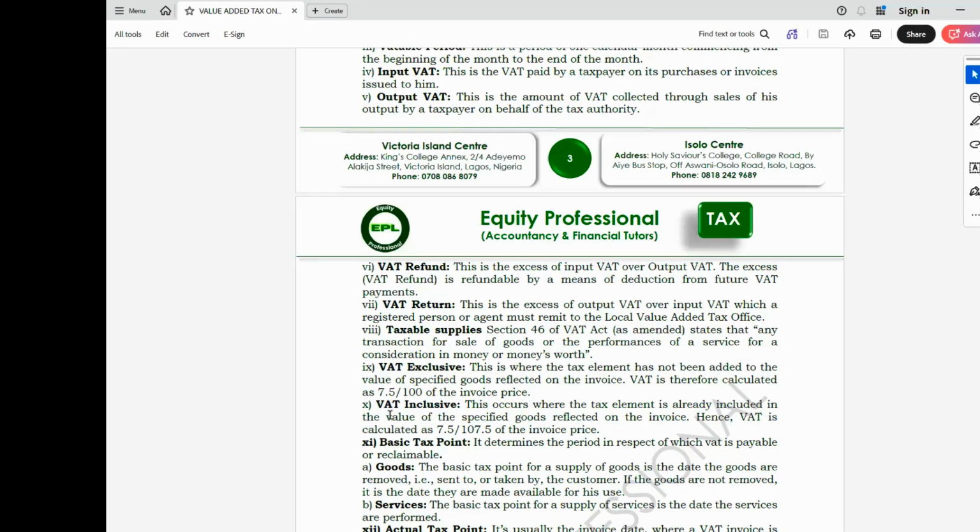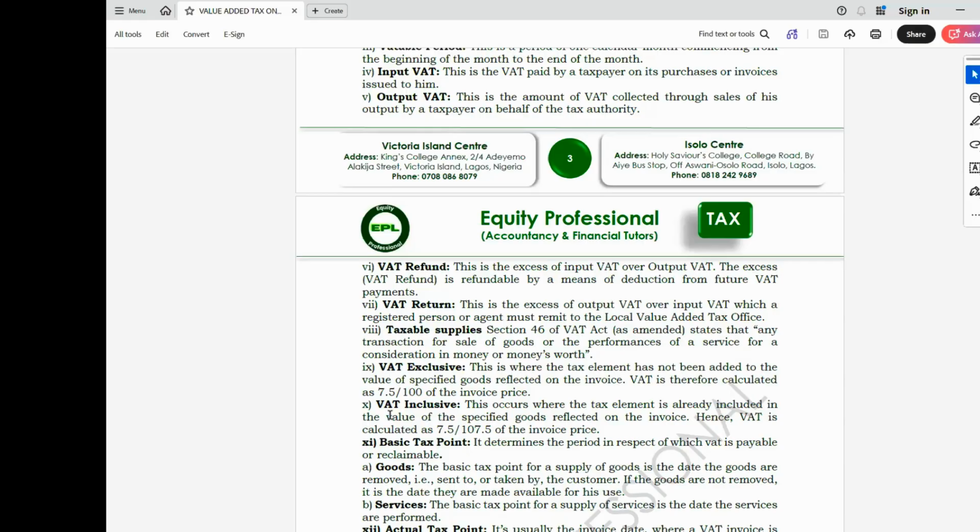So when an item is VAT inclusive, that item is at the rate of 100% plus 7.5, which gives us 107.5. So to get the amount of the value added tax, it will be 7.5 divided by 107.5 multiplied by the invoice price given to you.